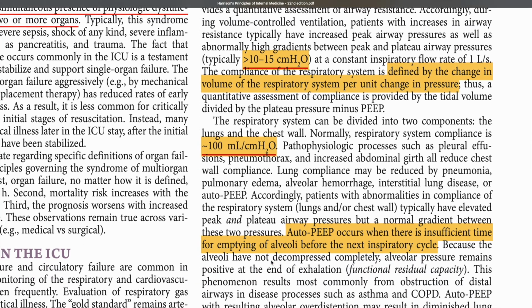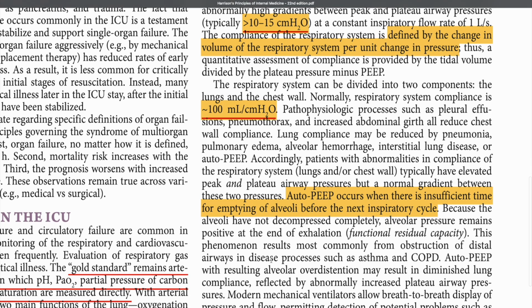Then they tell about auto PEEP. It happens when alveoli don't fully empty before the next breath, which is called air trapping, commonly seen in asthma and COPD. It leads to alveolar distension, increased plateau pressure, and risk of barotrauma. The modern ventilator shows real-time pressure, flow, and volume loops.